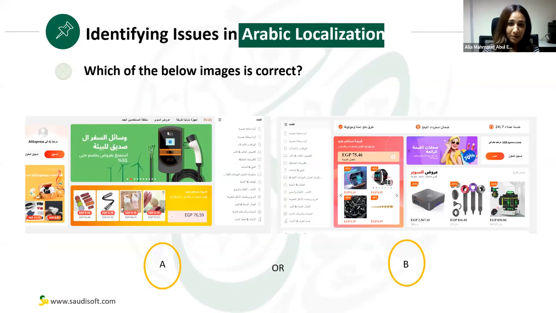Here's another example. Isabella, if you can also start a poll. This one is a bit challenging, but let's see how people do. Okay, let's give it a couple of seconds so everybody can have a look at the pictures. Okay, here we go.